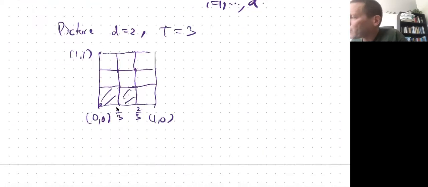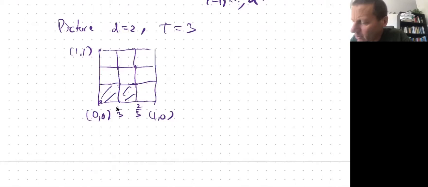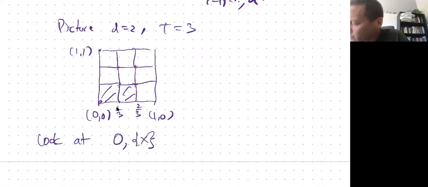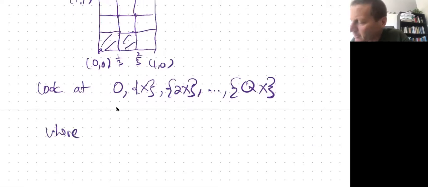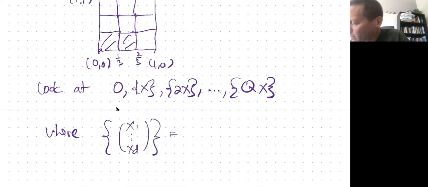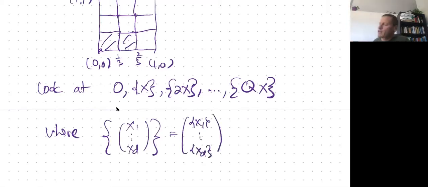And let's look at the numbers. Let's look at 0, and the fractional part of x, fractional part of 2x, etc., where the fractional part of a vector is the vector formed by the fractional parts of the entries.